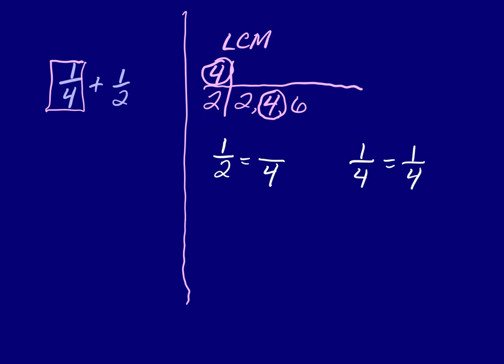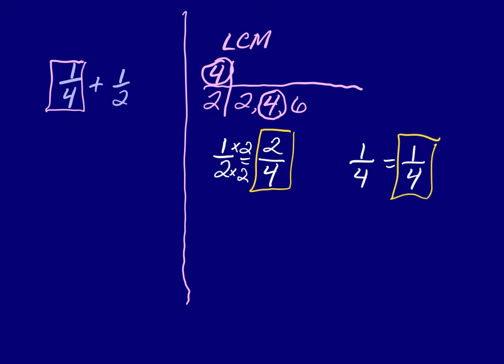So then we have to think, how do you get from 2 to 4? You multiply by 2, and whatever you do at the bottom or denominator of a fraction, you have to do to the top so that they stay equivalent. 1 times 2 is 2. So these are now your new fractions, 2/4 and 1/4.